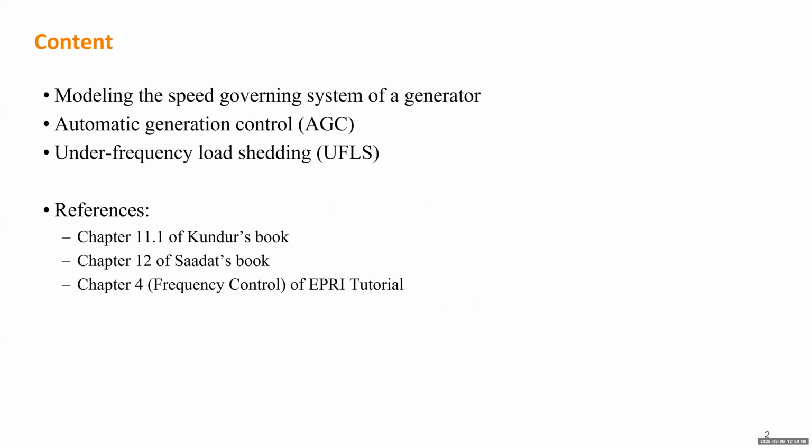And then we move to automatic generation control, which is usually considered as a secondary frequency control for the region. And we also cover some other frequency controls not done by generators, such as the load. You can do load shedding to mitigate the frequency declines, which is called under-frequency load shedding.